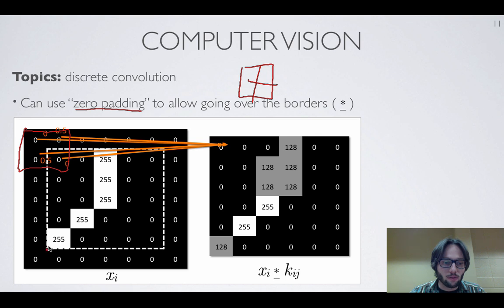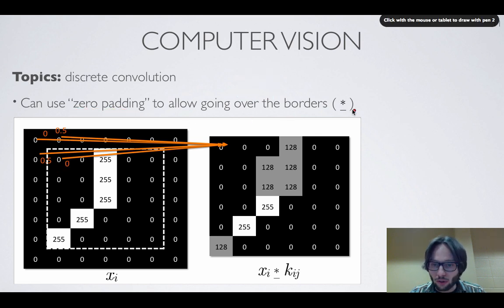We can do a kind of reflective padding, where we would act as if there were a mirror here, so the value here would be 255, and if we were to pad here, the value would be 0 because it's 0 here, a sort of symmetric padding. But zero padding is probably the one that's most used in convolutional neural networks, and that's the one I'm going to be referring to whenever I add this underline notation with a convolution operation. That's the one we're going to invoke in particular when we talk about gradients.